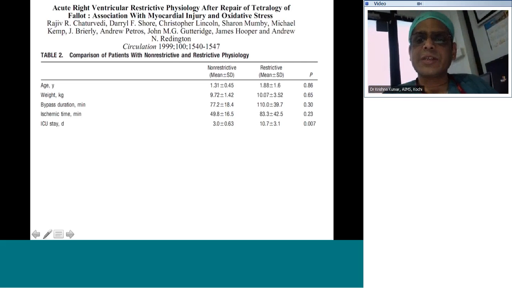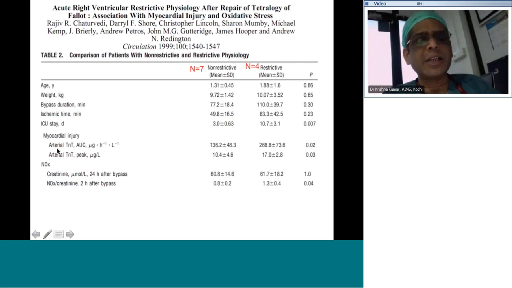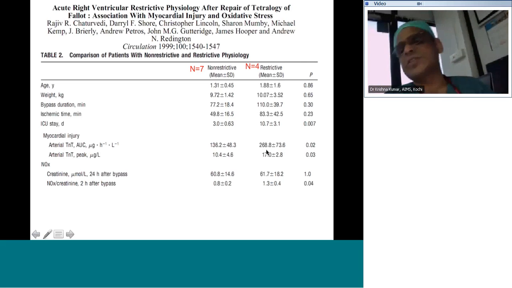There was one group that had restrictive physiology and one group that did not, and the numbers were quite small, 7 in the non-restrictive, 4 in the restrictive, but they studied them very nicely. The arterial troponin T levels were much higher, both the peak levels as well as the area under the curve, which is the total release of troponin T, in the group that had restrictive physiology, as against the group that did not.